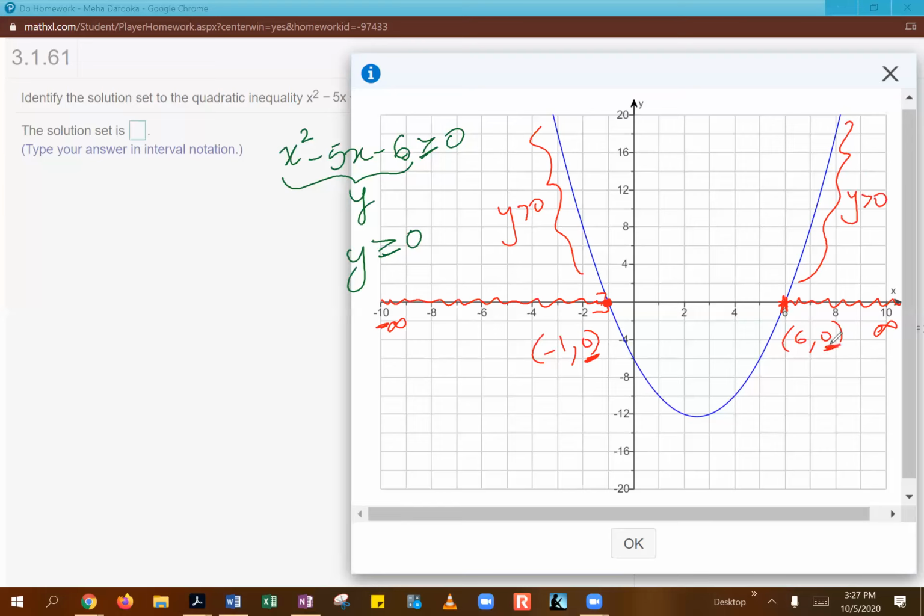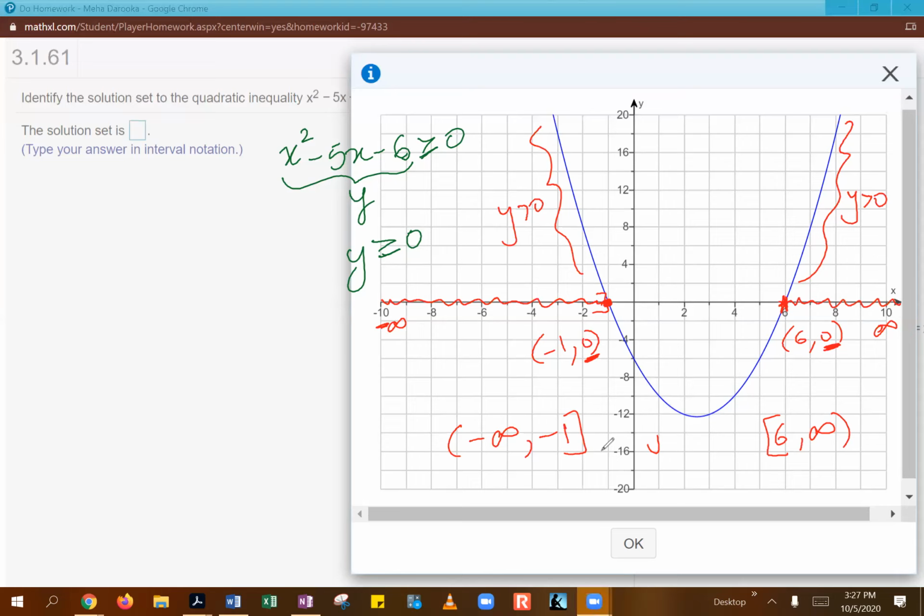And right at that ordered pair for the x-intercept, your y value is equal to 0. So very nice, James. You're going from -infinity to -1, including -1, and then you picked up from 6 to infinity, including 6, using the union to combine those two together.